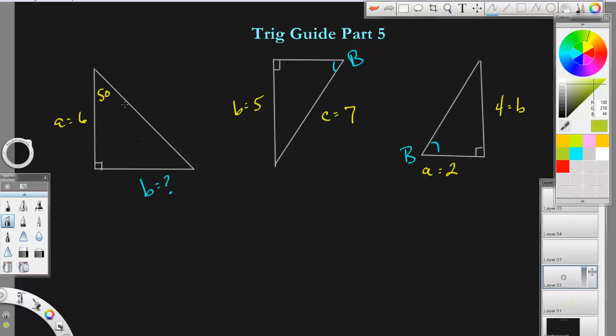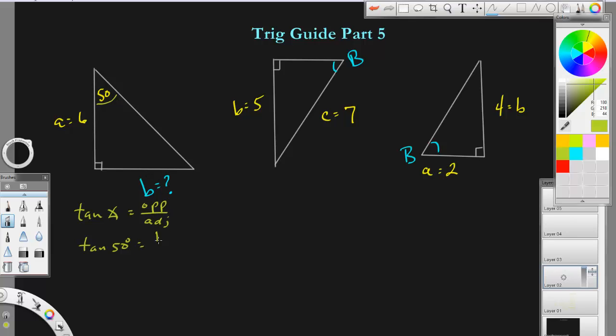We're going to solve for little b. Again, if we know the angle, you identify the given side and the side you're trying to find. This is the adjacent side and this is the opposite side. And that screams tangent. So the tangent of an angle is opposite over adjacent. So the tangent of 50 would be what over what?